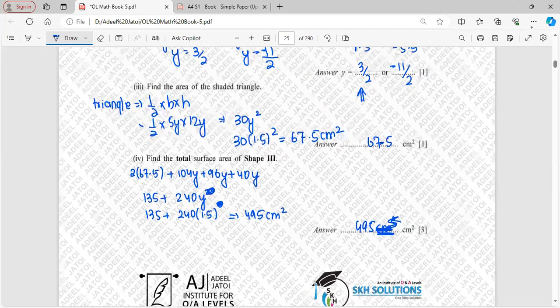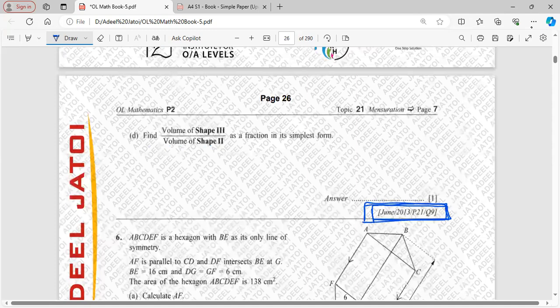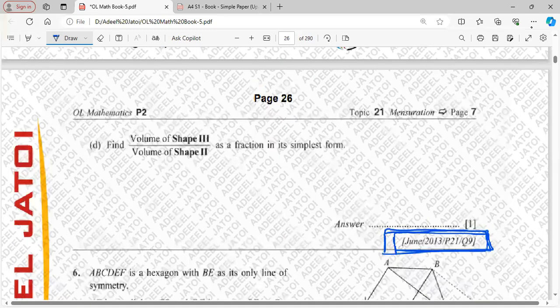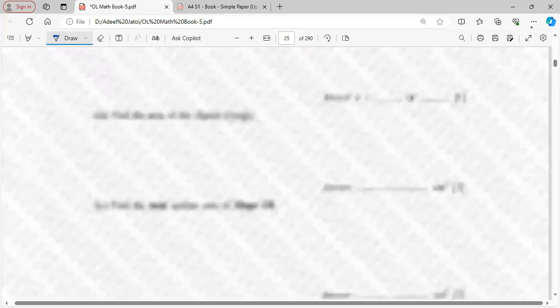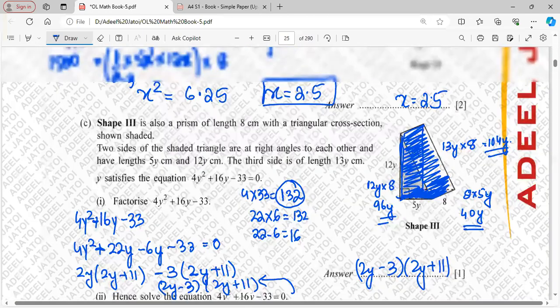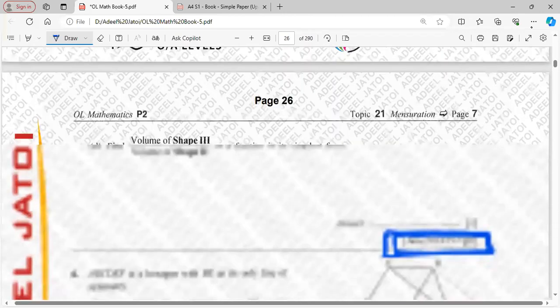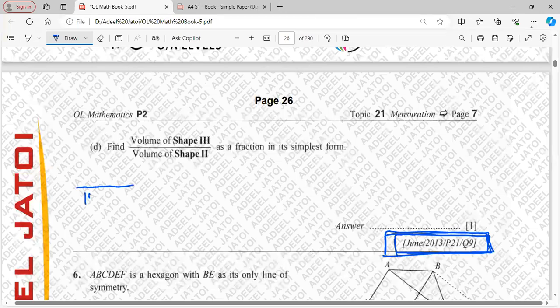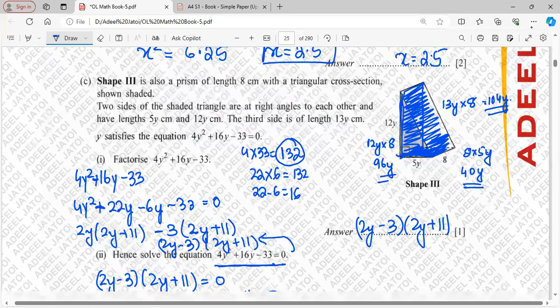So this was part 3. Part 4. Now comes the fraction, as a fraction, right? We already knew the volume of shape 2. Now remember, when we did the question, the volume of shape 2 was 1500. But we need to find out the volume of shape 3 as well. Area of the cross section multiplied by length. The length is 8.